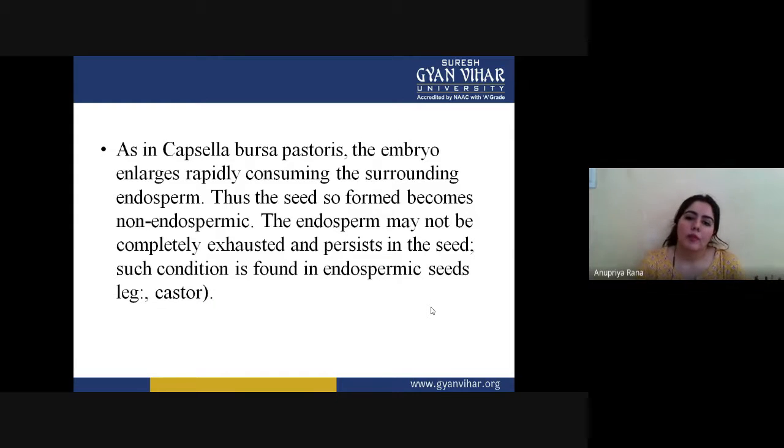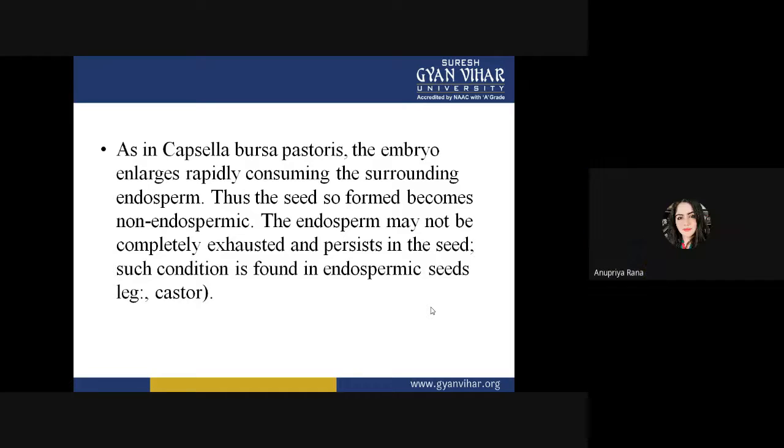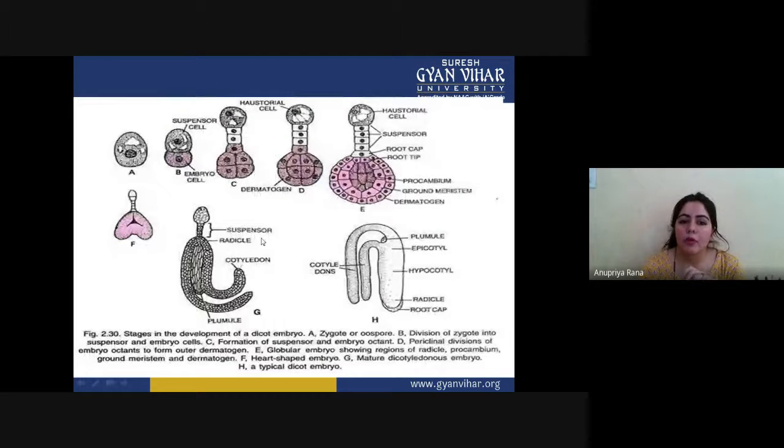As in Capsella bursa-pastoris, during embryo development the embryo rapidly consumes the surrounding endosperm, and the seeds so formed become non-endospermic. The endosperm may not be completely exhausted and may persist in the seed. Sometimes the endosperm present inside the ovule can be disintegrated, or the whole endosperm can be utilized by the developing embryo.